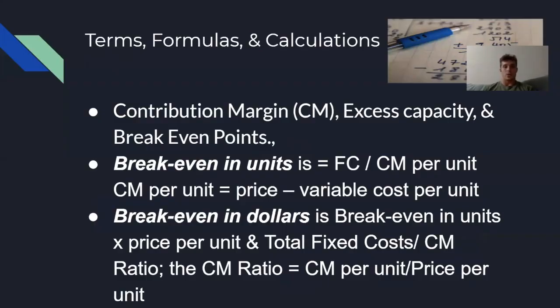These are also some important terms: contribution margin, excess capacity, and break-even points that were within the case. Understanding each of these terms can help the company make the right decisions so they can be as profitable as possible. Below that are just a couple of formulas that were needed to calculate all the numbers that we got in the case.